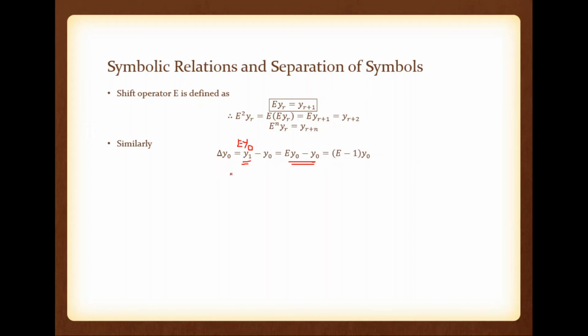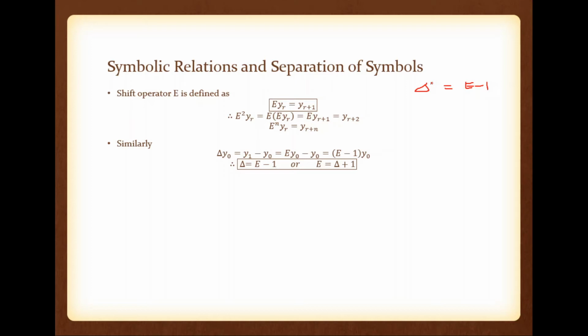So please note, delta is equal to E minus 1, or E is equal to delta plus 1. This equation is very important, so please remember this: delta is equal to E minus 1.